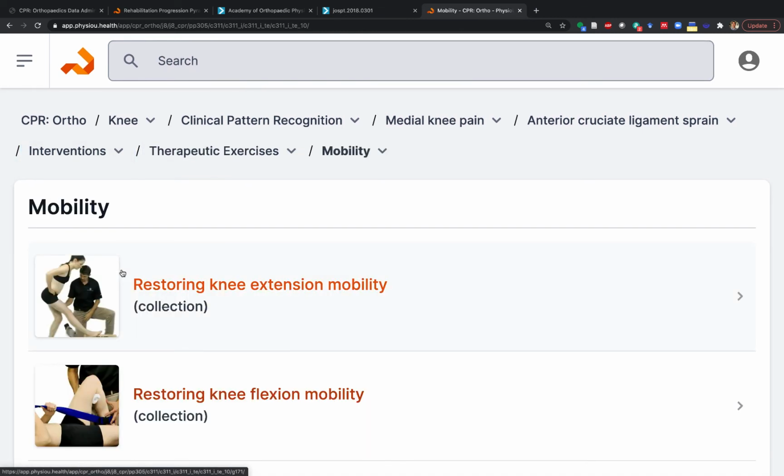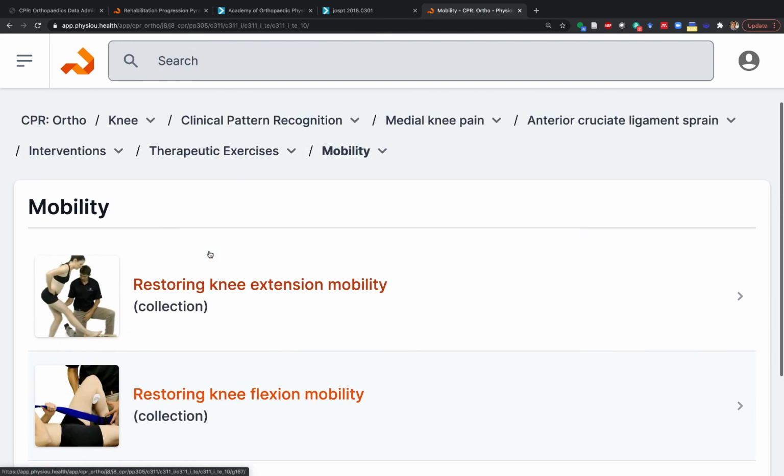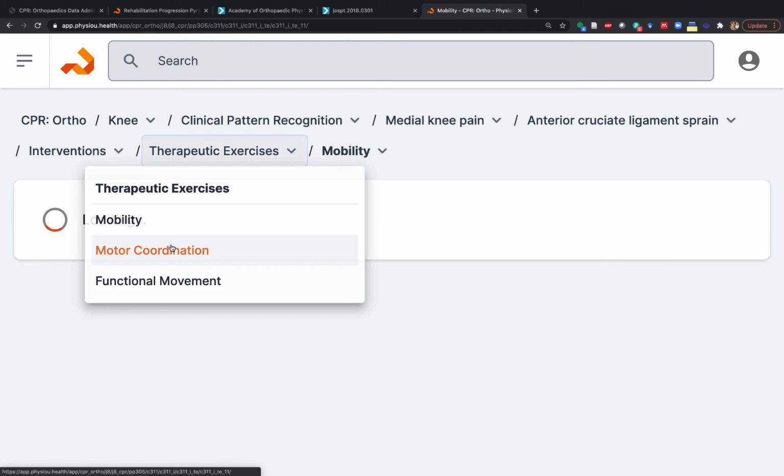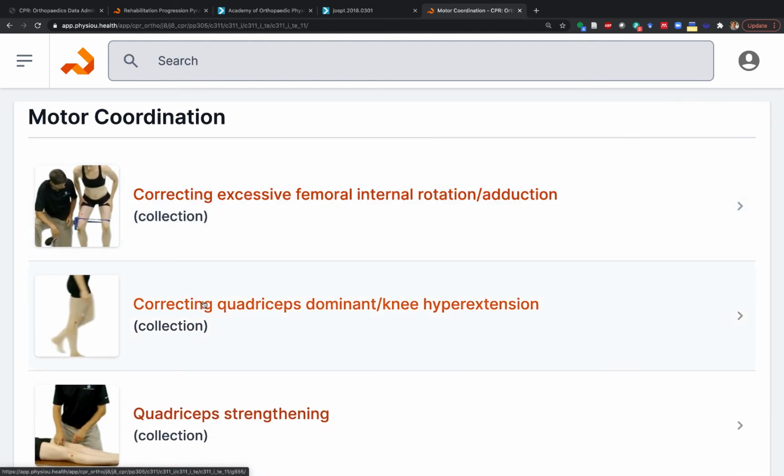Again, if you're restoring mobility, you have a bunch of matching therapeutic exercises to restore mobility, right? So whatever you do in the clinic, you should be matching with some therapeutic exercise that helps to restore or manage that key impairment.